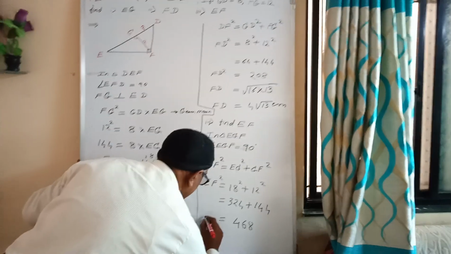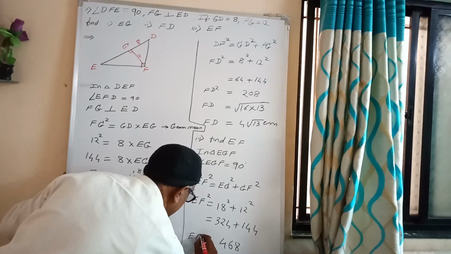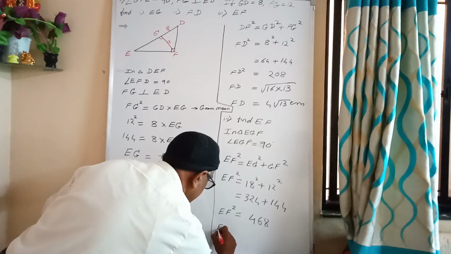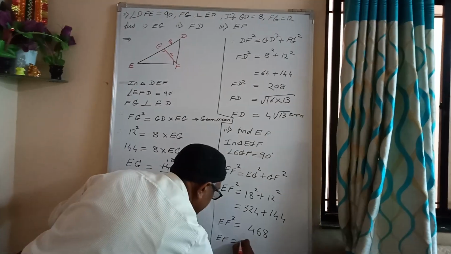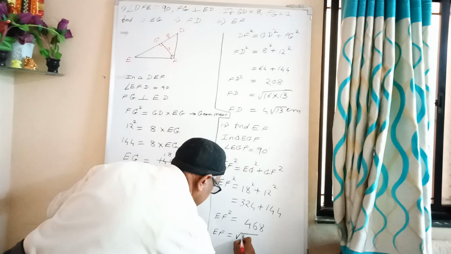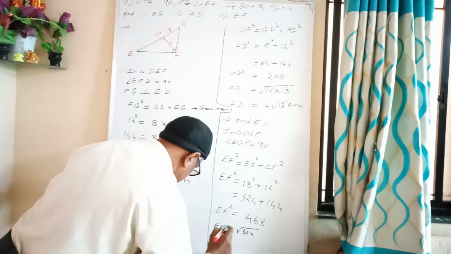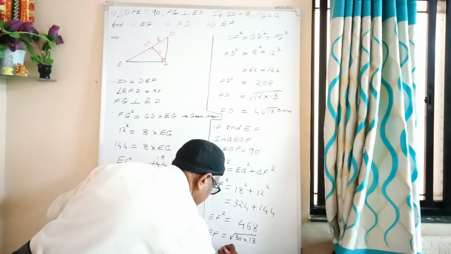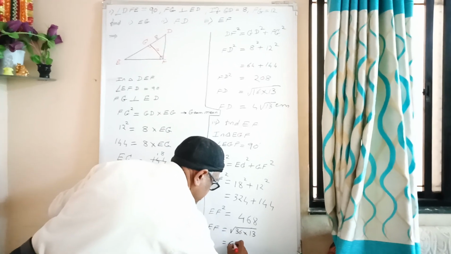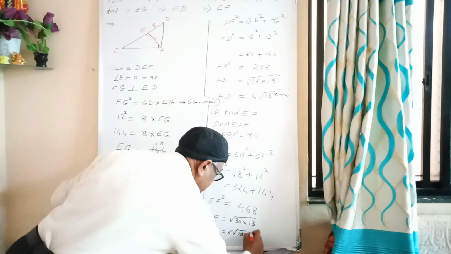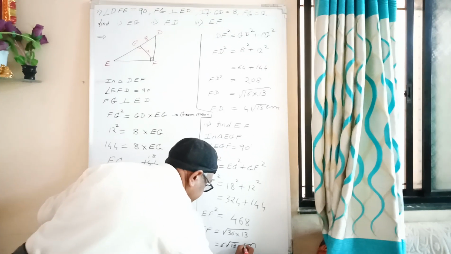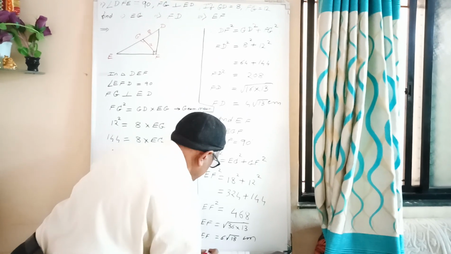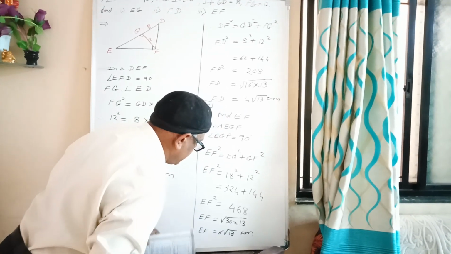Therefore EF square, therefore EF is equal to under root 36 into 13, which is equal to 6 under root 13 centimeter. This is EF. That is the first part.